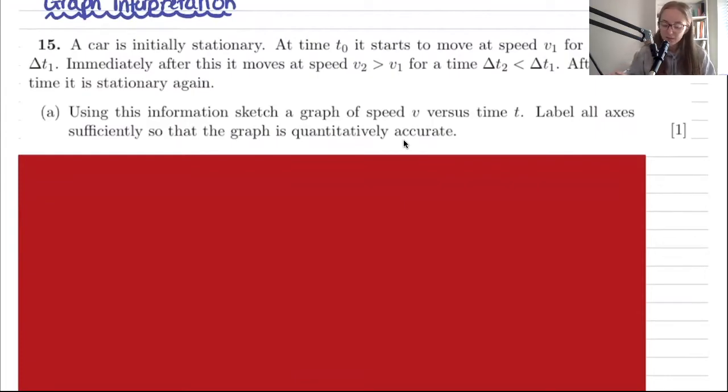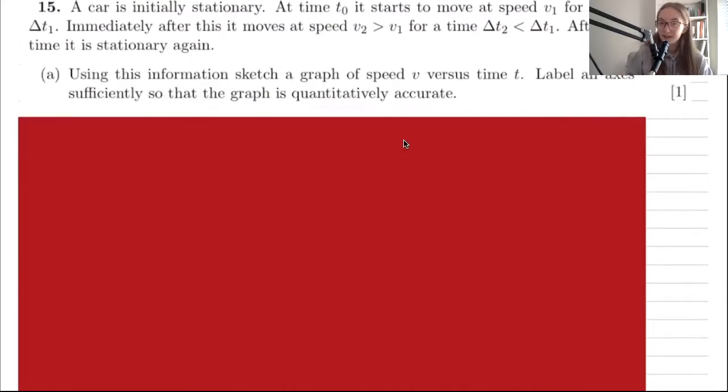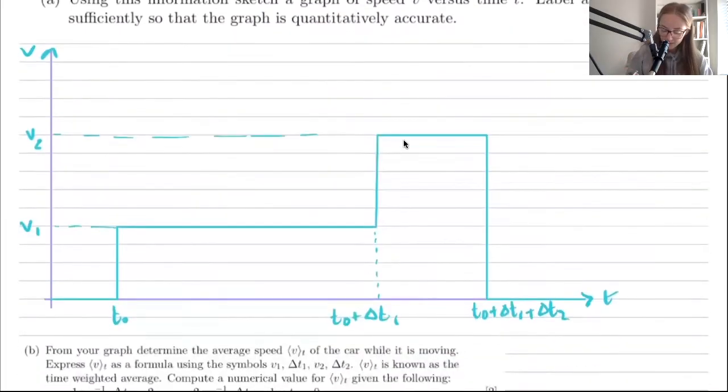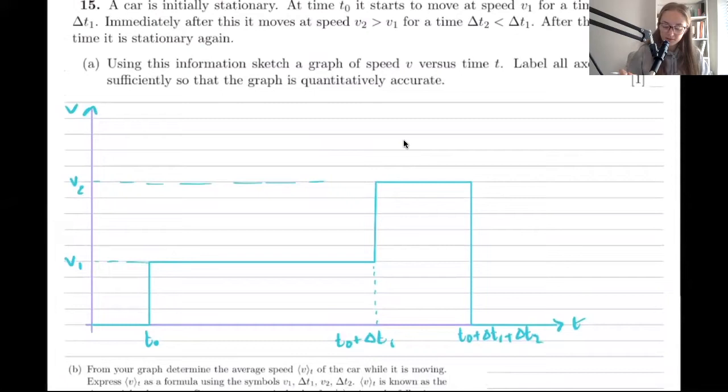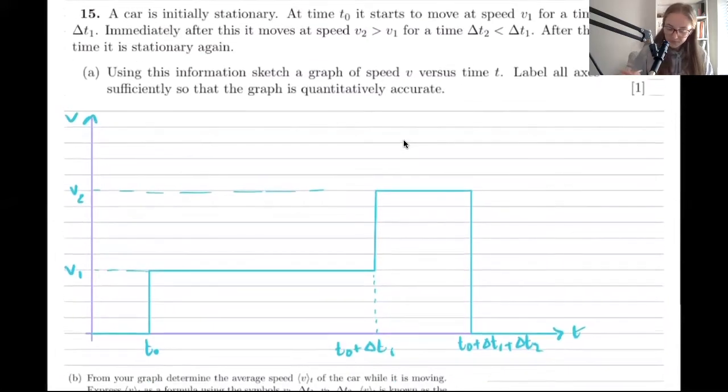Immediately after this, it moves at a speed v2, which is greater than v1, for a time of delta t2, which is less than delta t1. After this time, it is stationary again. So using this information, we need to sketch a velocity time graph. And we need to remember to label our axes. It's very kind that it's reminded us that. But this question is fairly straightforward.